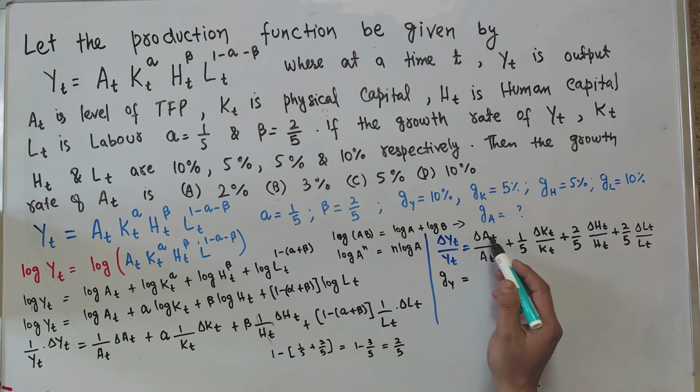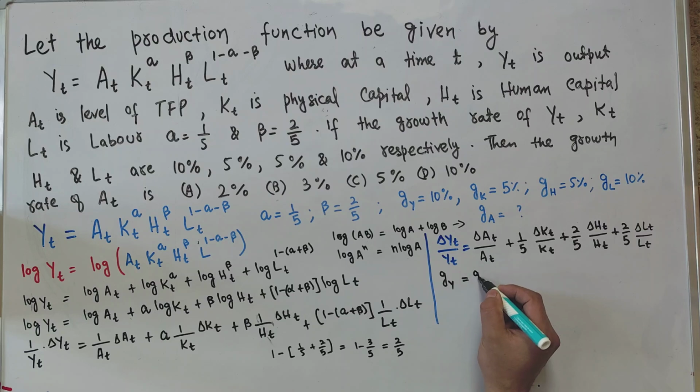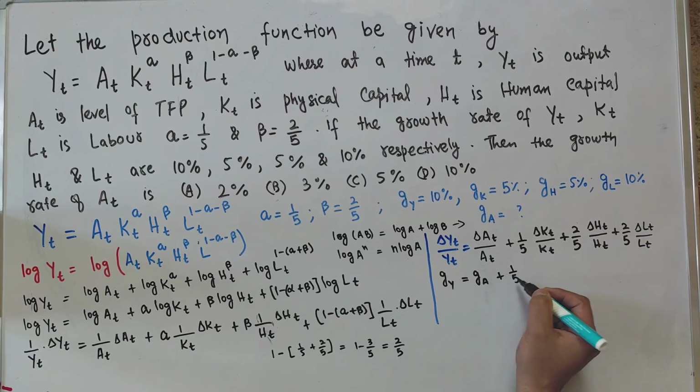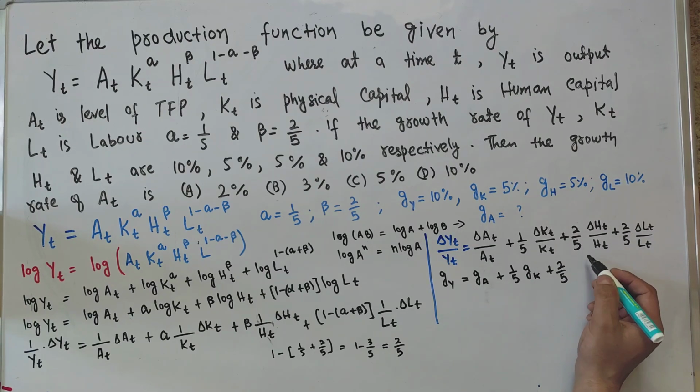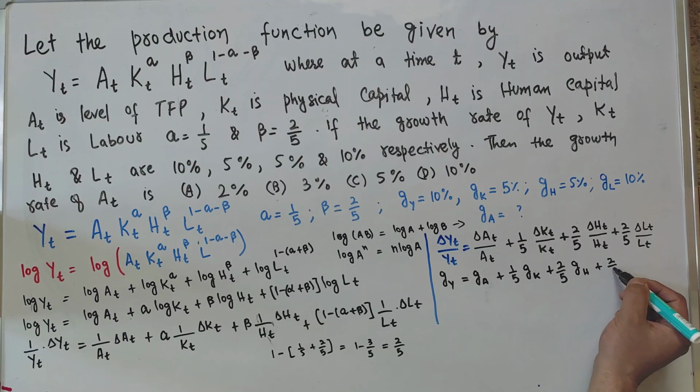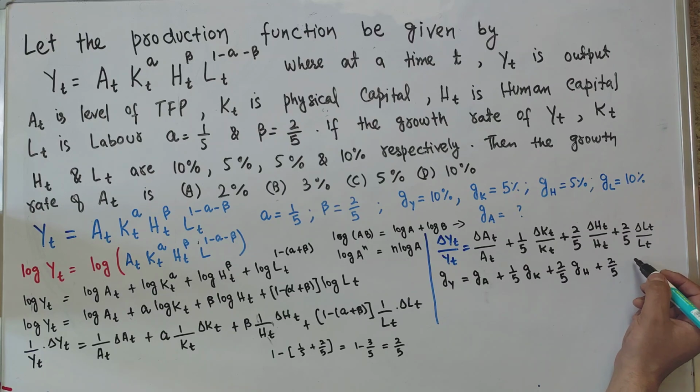So del at upon at denotes the growth rate of total factor productivity plus 1 upon 5. Del kt upon kt denotes the growth rate of physical capital plus 2 upon 5. Del ht upon ht denotes the growth rate of human capital plus 2 upon 5. Del lt upon lt denotes the growth rate of labor here. Okay, let's denote it by G subscript L.